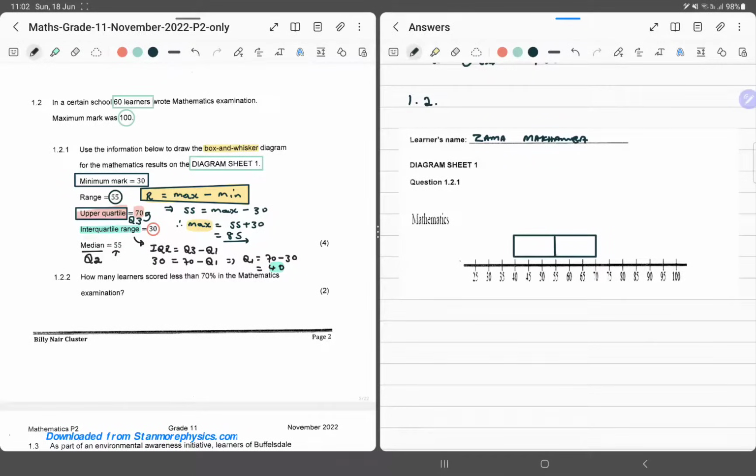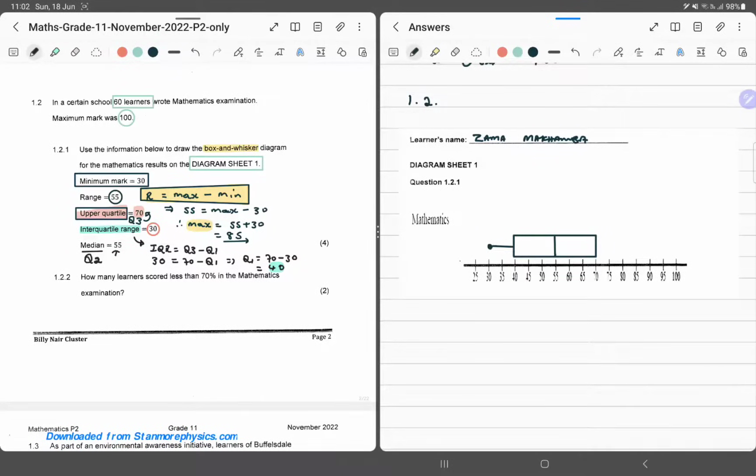And then we are going to do things like this. The minimum we were told is 30, so it goes here. Okay guys, it may be skewed a bit, doesn't matter. So there's our whisker there at 30.